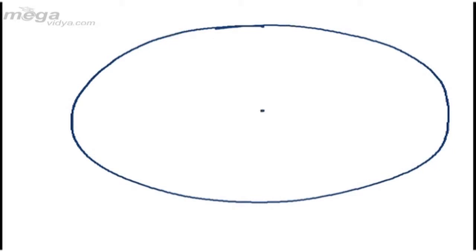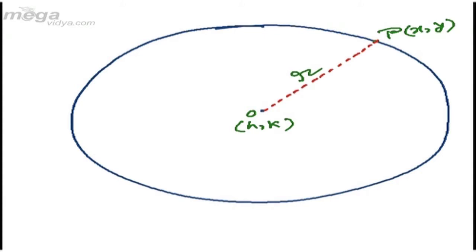This is the fixed point whose coordinate is (h, k), and this is the moving point P(x, y), and this is the distance, which is R, and this R is constant.